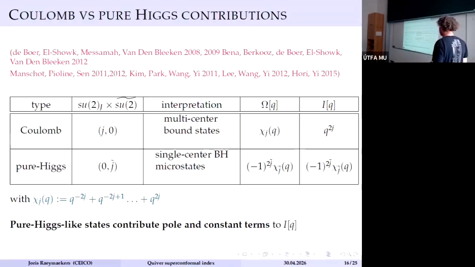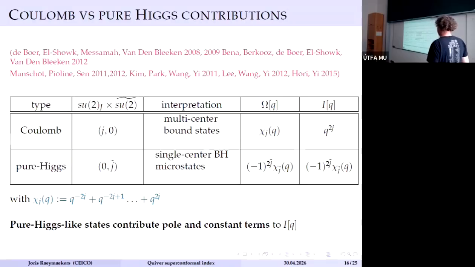Black holes also don't have any angular momentum, but they in general have non-trivial spin under this second SU(2). If you look at the contribution to the superconformal index, the Coulomb-like states contribute quite differently from the pure Higgs states. The pure Higgs states contribute a full SU(2) character.